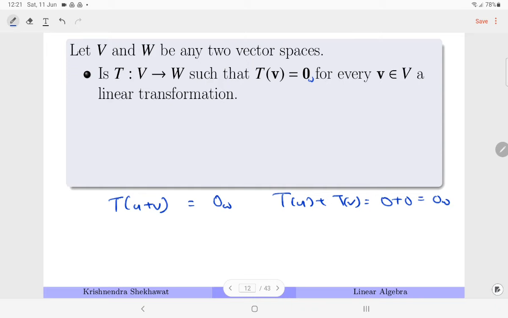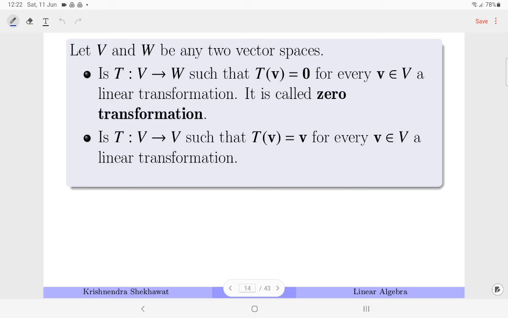So left hand side is equal to right hand side. Similarly, for the second property, T of k dot u: k dot u is a vector and therefore it is a zero vector, and k dot T of u becomes k dot the zero vector of W, which again becomes the zero vector. So both the properties are satisfied and therefore it is a linear transformation.